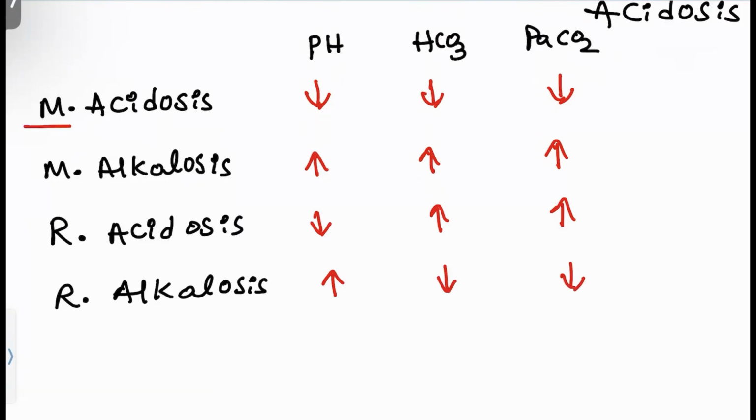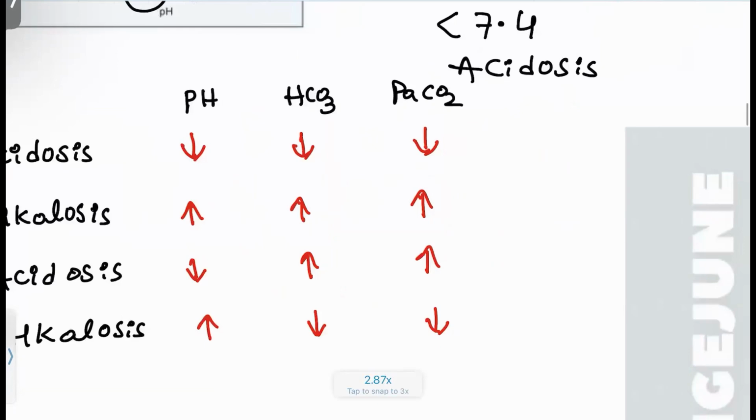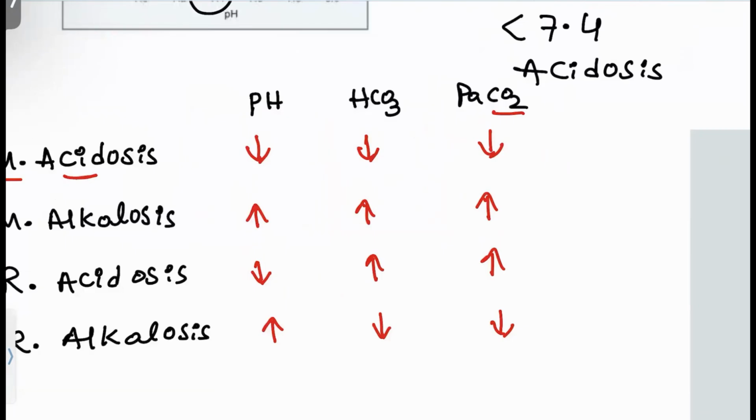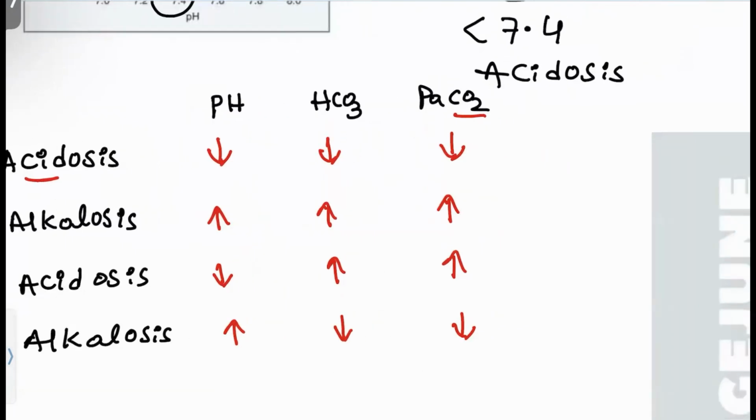During metabolic acidosis, your HCO3 is obviously low, but why is your PaCO2 also low? Remember, as I said, CO2 is acidic in nature, and your body is already acidic. Because of that, your body is going to hyperventilate. So your body is going to eliminate the PaCO2, and the acidic nature will be decreased.